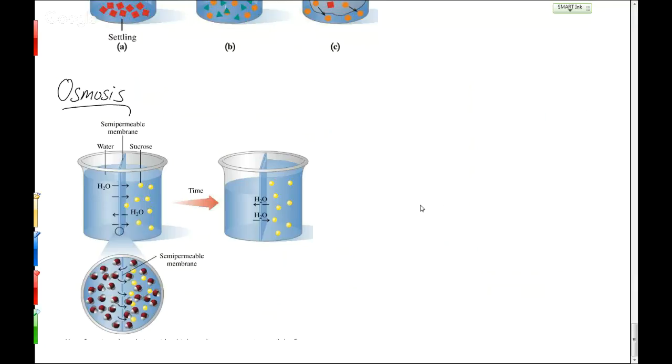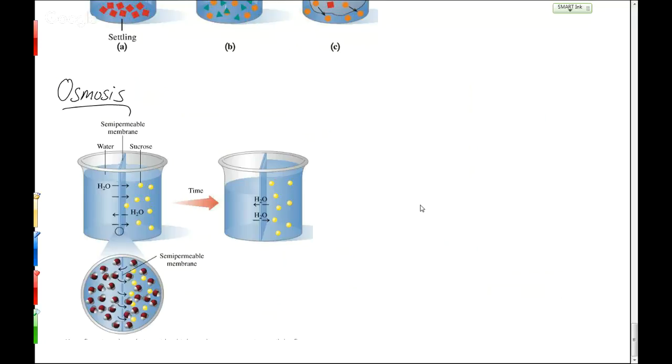The water will go more toward the area of high solute concentration, which is sometimes defined as lower water concentration. But basically, the way I like to think of it is it tries to equal out the concentration. So wherever the water has to move to make the concentrations equal, that's what's going to happen. In this case, you've got a concentration of 0 on the left and a concentration of something greater than 0 on the right. So the water moves from left to right.